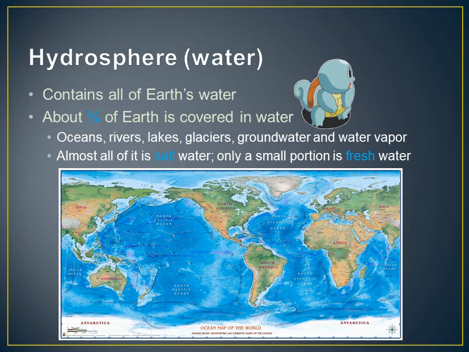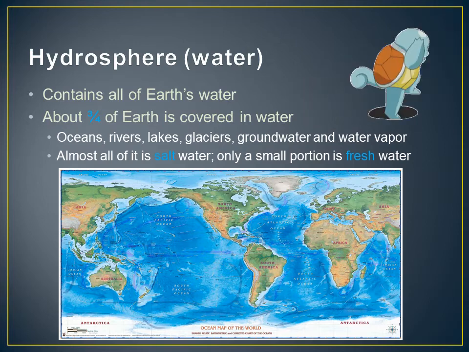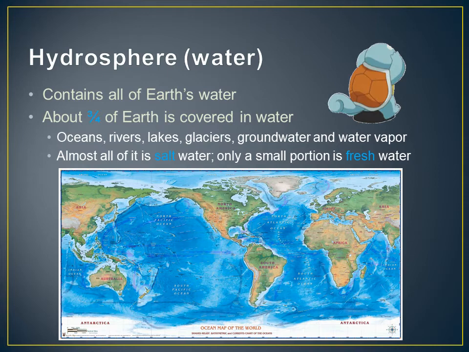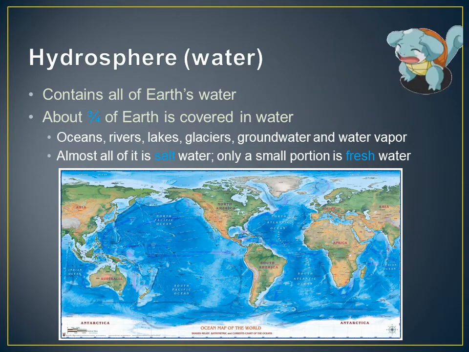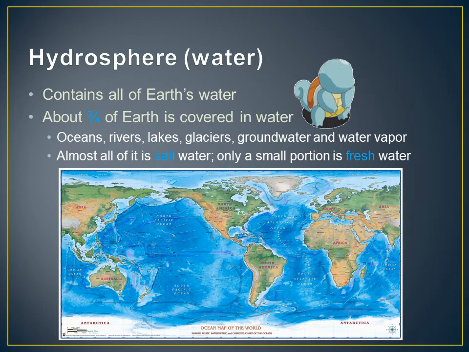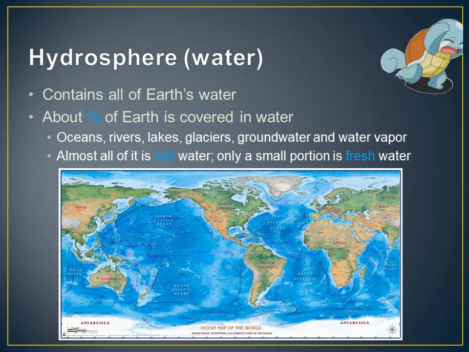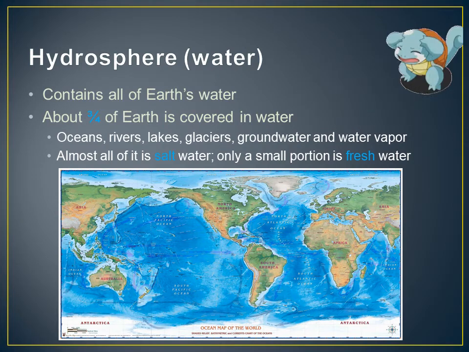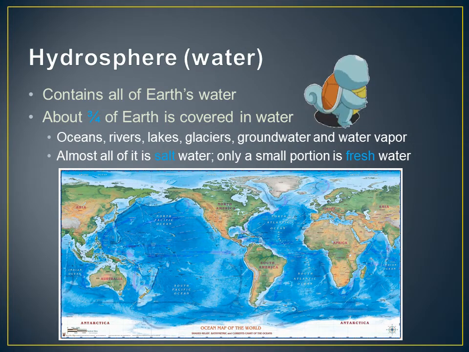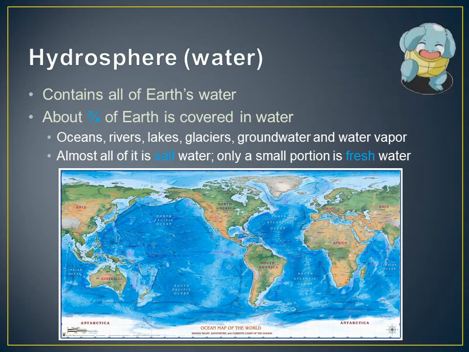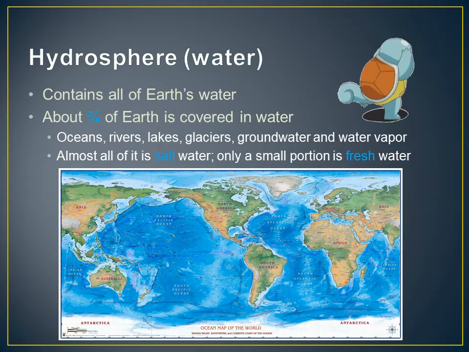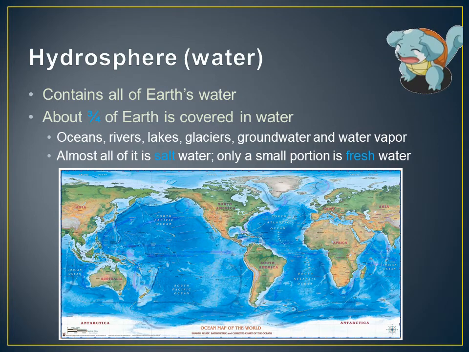The next is the hydrosphere. This is the water sphere of the Earth. And as you can guess, it contains all of Earth's water. Now, I'm sure you know already, but about 3/4 of the Earth is covered in water. Okay, somewhere between 70 and 75% of the surface of the Earth is water.